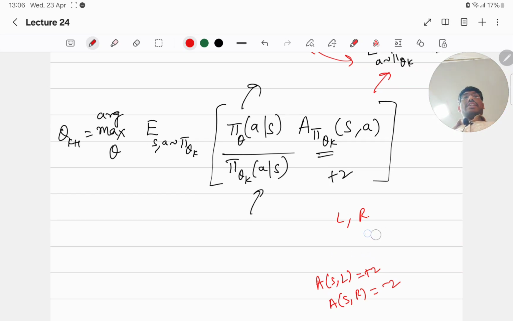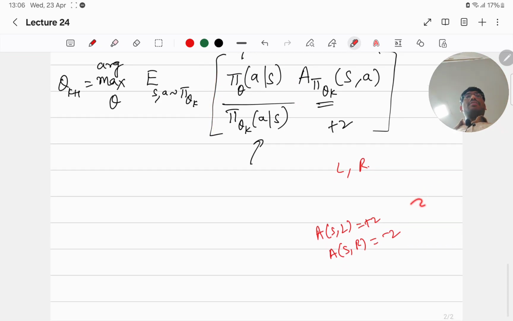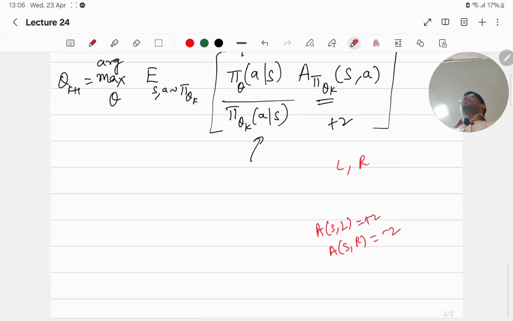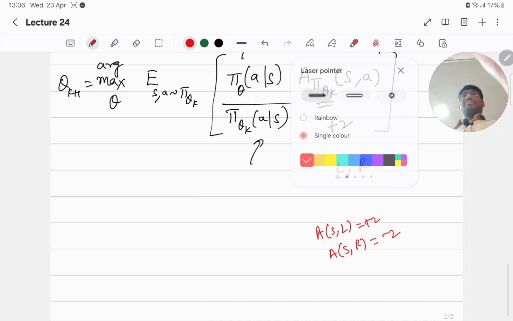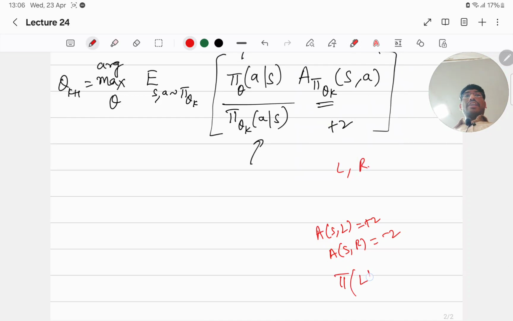Let's say both of them have half probability right now: pi of L given S is half and pi of R given S is also half according to my current policy.